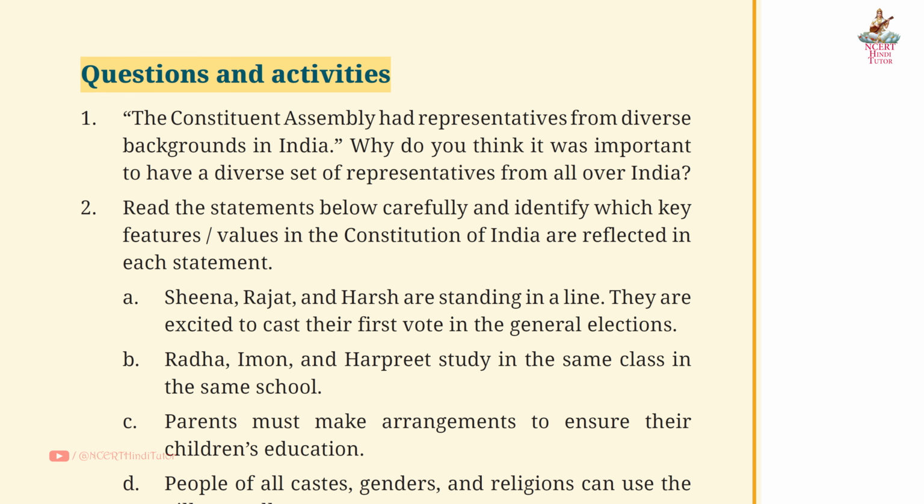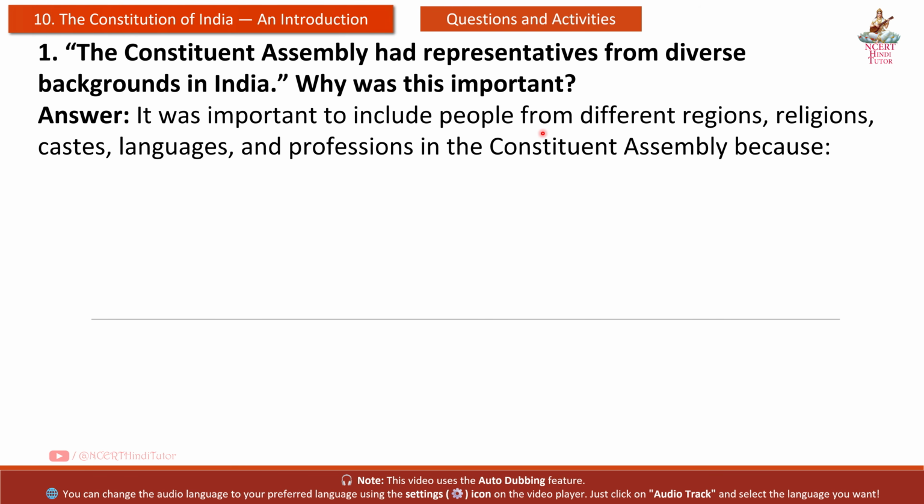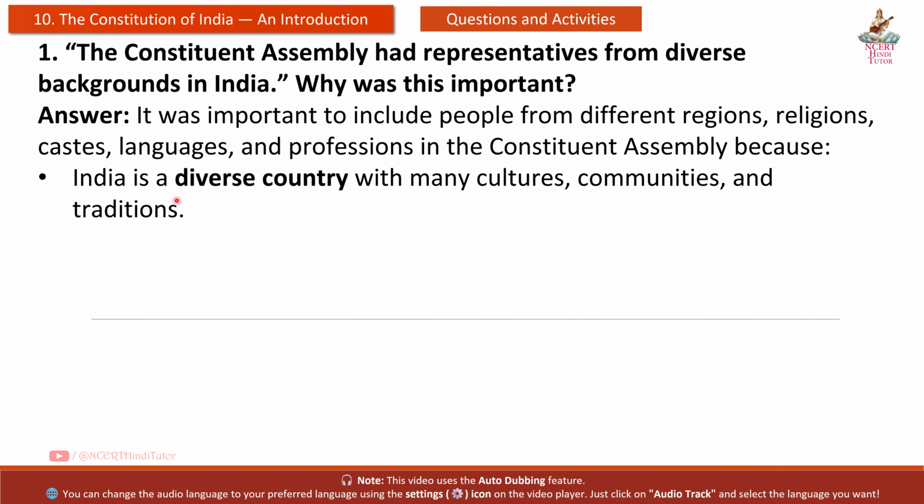Question 1: the Constituent Assembly had representatives from diverse backgrounds in India. Why do you think it was important to have a diverse set of representatives from all over India? Answer: it was important to include people from different regions, religions, caste, languages, and professions in the Constituent Assembly because India is a diverse country with many cultures, communities, and traditions.